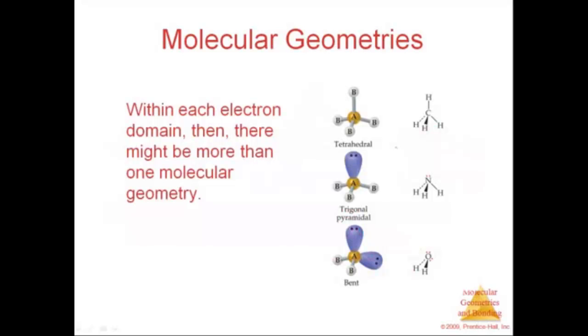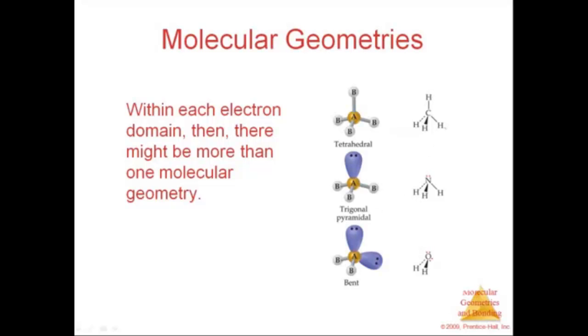So within each electron domain geometry, there might be more than one molecular geometry. So if I have 4 domains around the central atom, the electron geometries are all the same, but the actual shape of the molecule is going to be different based on whether or not these are lone pairs or bonded pairs.